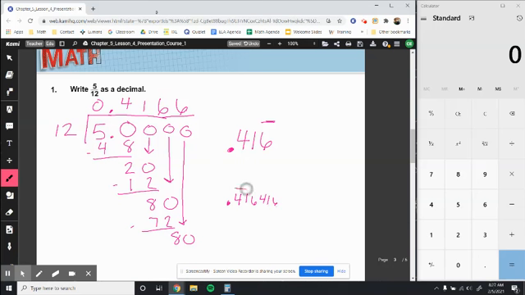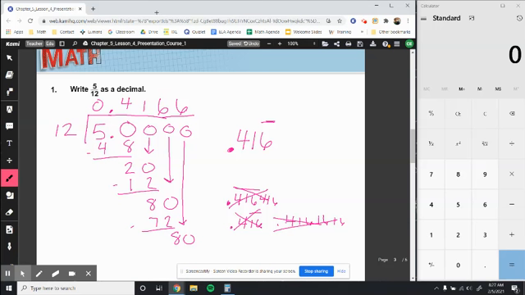So putting it like that would be considered wrong. If you put 0.416 and then put it over the first 2 or the second 2, 16, that is also going to be considered wrong because otherwise the pattern would look like 416, 1616, which is not right. So when we put it just above the 6, that means that 6 is the only number that is going to be repeating.